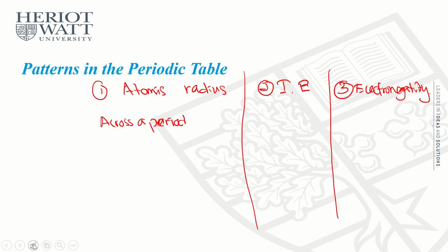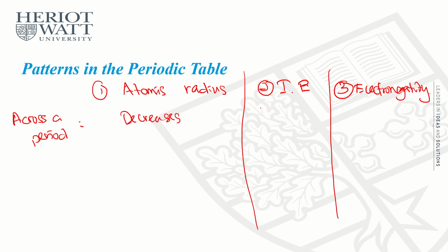Okay, let me change a bit on this. Move it aside. I'll draw you a table. So across a period, what happens in terms of atomic radius? Atomic radius decreases. Okay, it shrinks in size.